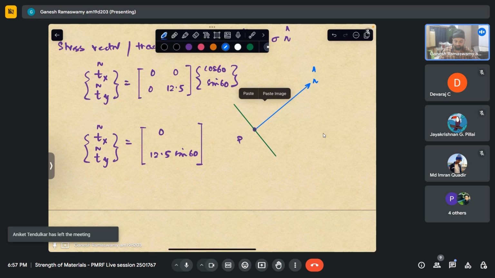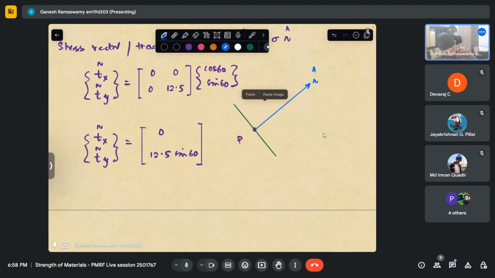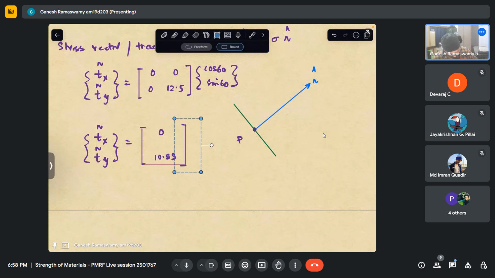Let me replace 12.5 sin 60 by its value, which is 10.83. So on this plane, the traction vector has components 0 and 10.83 MPa.